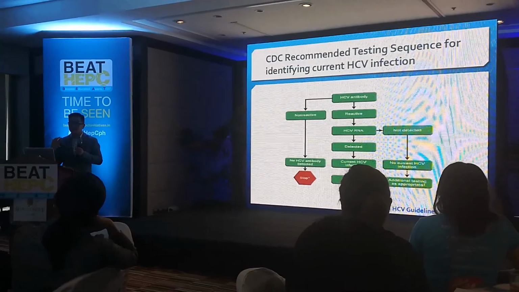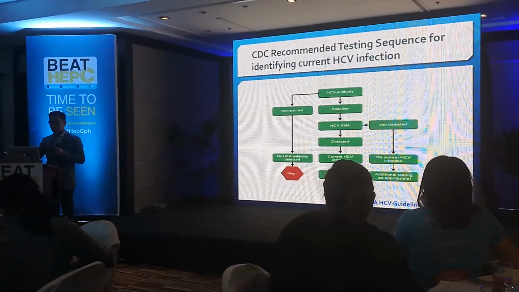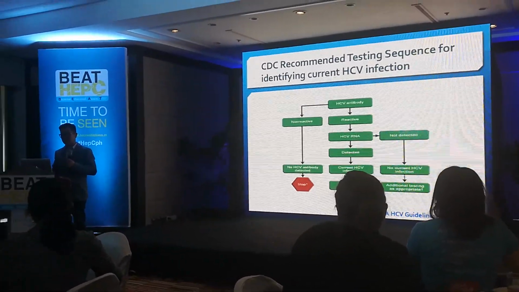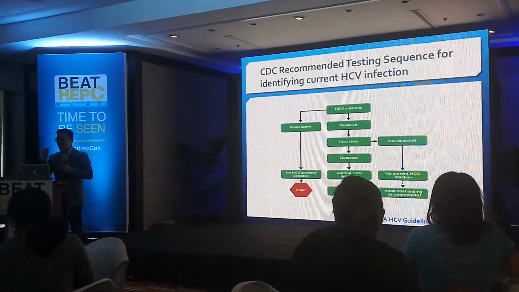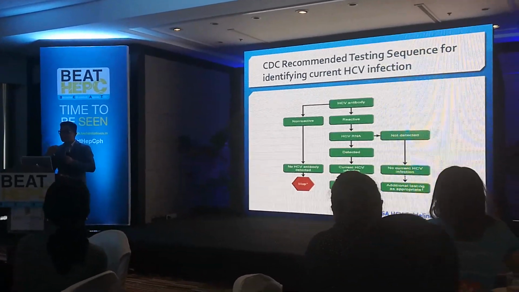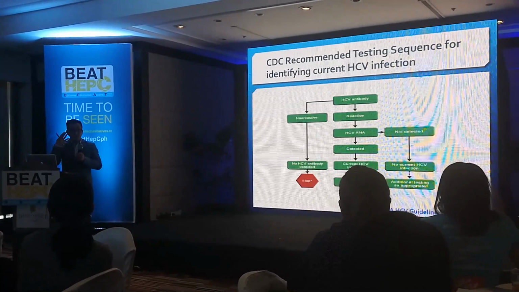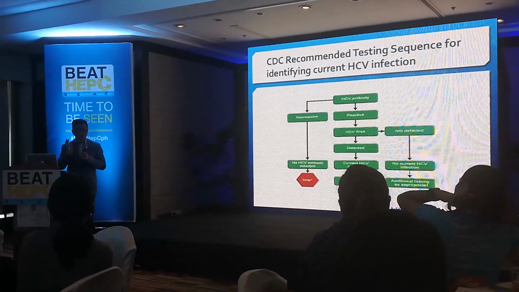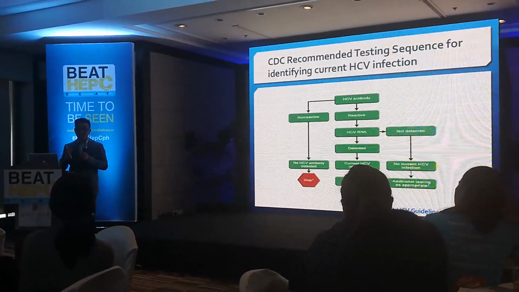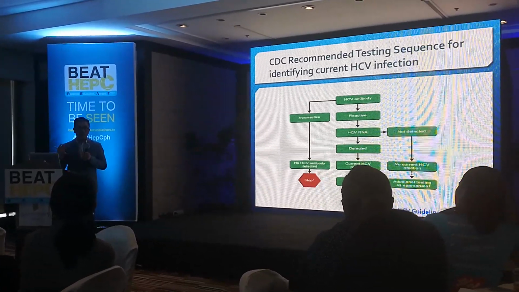So pag kahit nagamot ka na, if you test yourself again, you will be positive to the antibodies. Kasi it's an antibody, a substance that your body produces in response to an infection. Kaya hindi yun mawawala. But it does not mean that you're still infected, particularly kung nagamot ka.